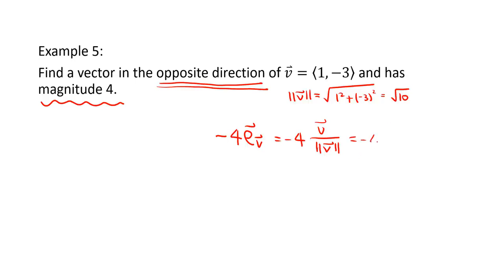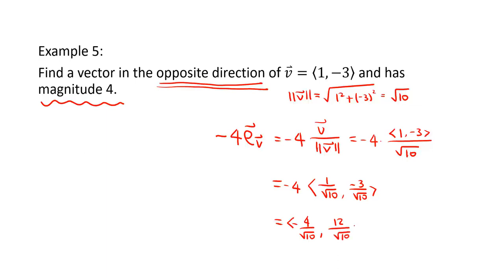So I'm going to do negative 4 times this vector 1, negative 3 divided by the square root of 10. So what are the steps here? We divide each component by the square root of 10, and then we multiply by negative 4. So the first component becomes negative, and the second component becomes positive. And that's my final answer for this problem.